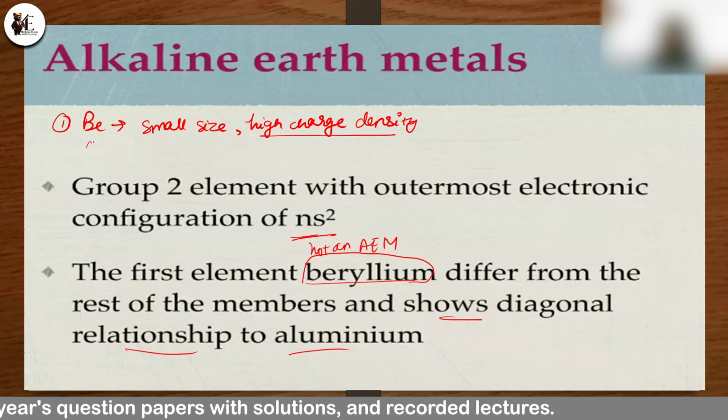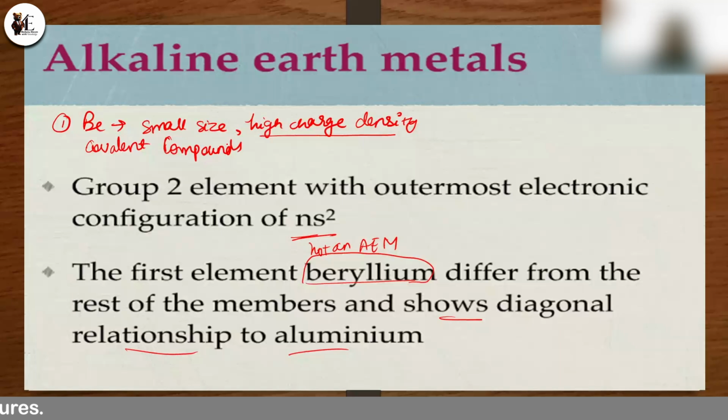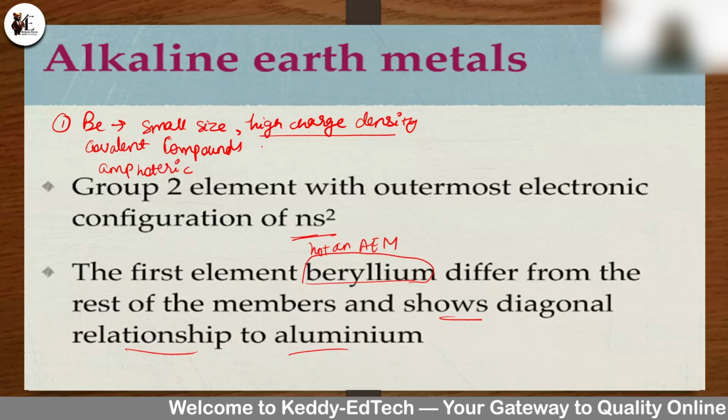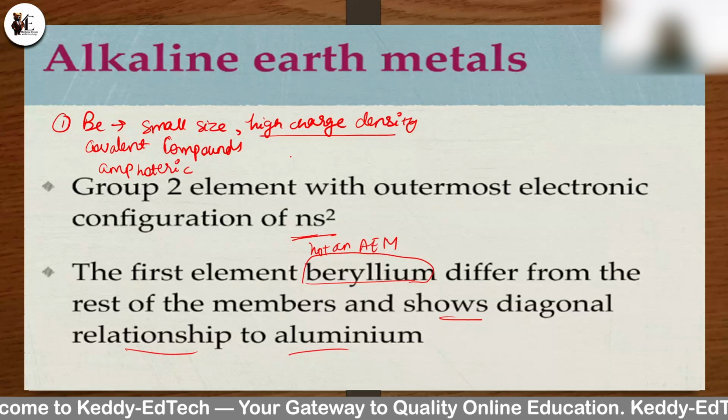Also, it prefers covalent bonding. It prefers covalent compounds rather than the ionic compounds which your other alkaline earth metals form. And also, its amphoteric nature can act as both an acid as well as a base. So these are some properties which match with your aluminium.